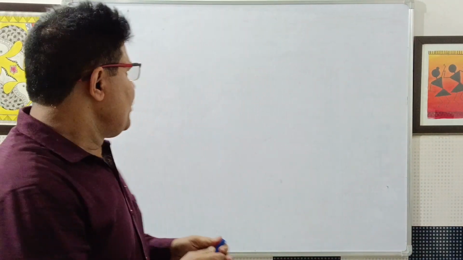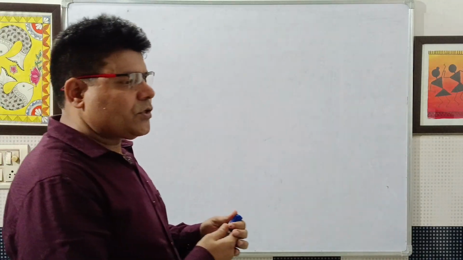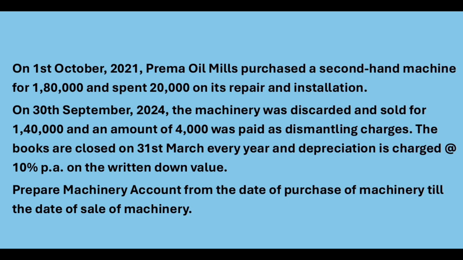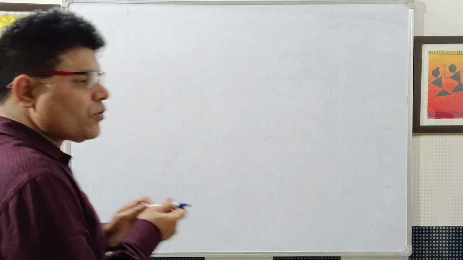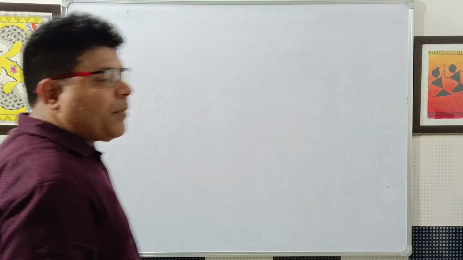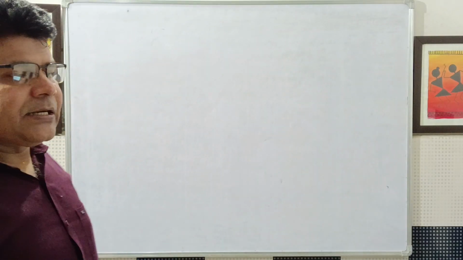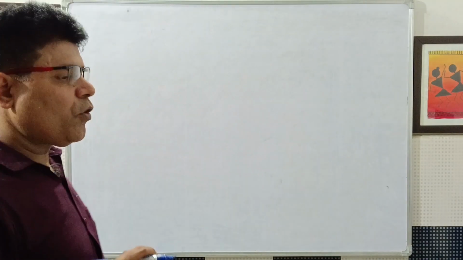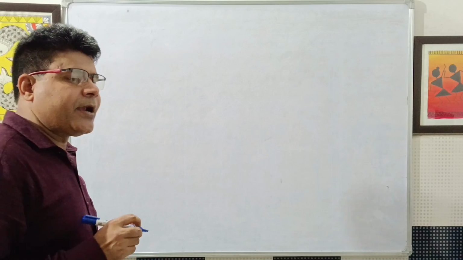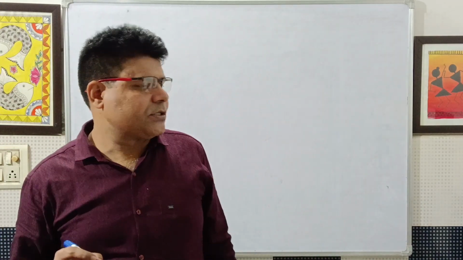Today we have one more question. The question is: on 1st October 2021, Prema Oil Mills purchased a second hand machine for rupees 1,80,000 and spent 20,000 on its repair and installation charges.